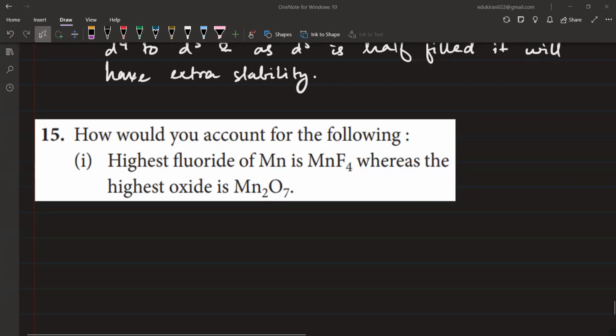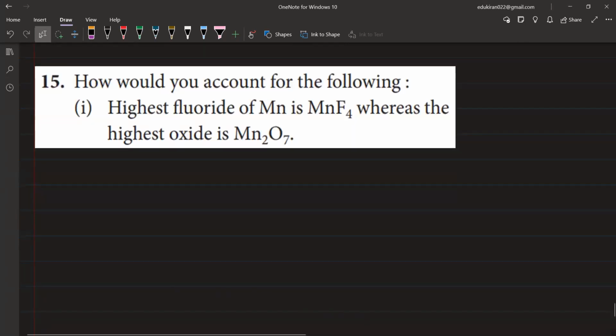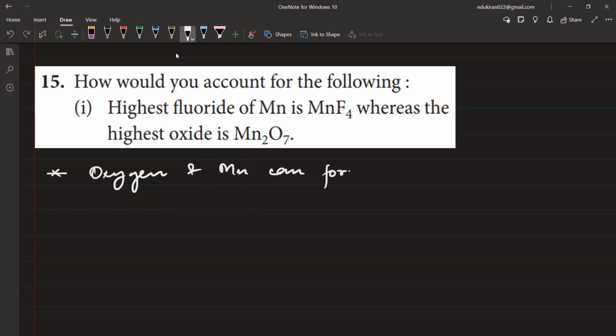Please write this question, Mn2O7. Oxygen and Mn can form p pi d pi bonds.